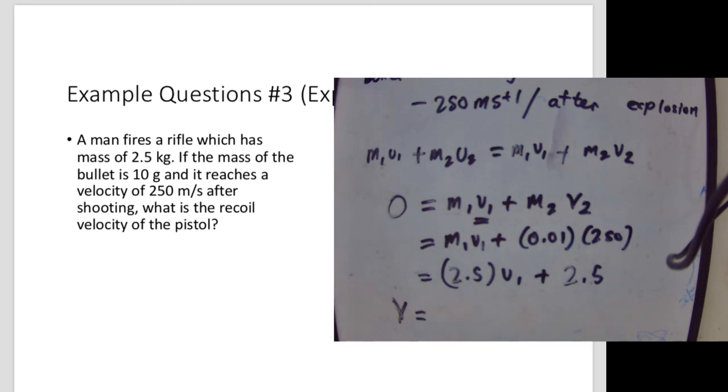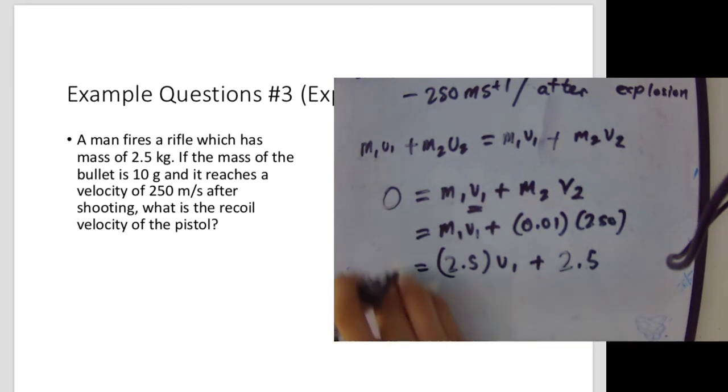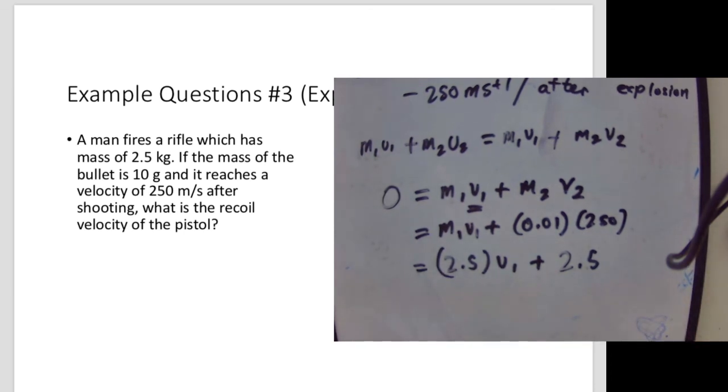Okay, there we go. So let's check the answers. The velocity of the pistol should be... you end up with -1. So if I write out the whole thing... So if we look at the whole thing, remember this is still 0.